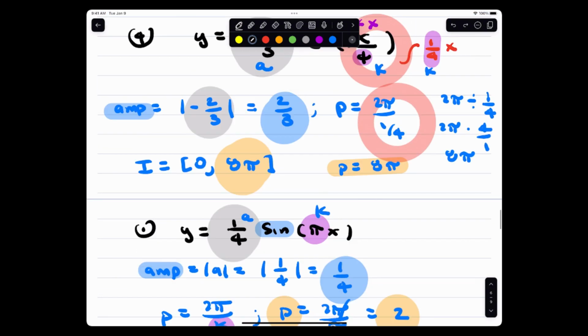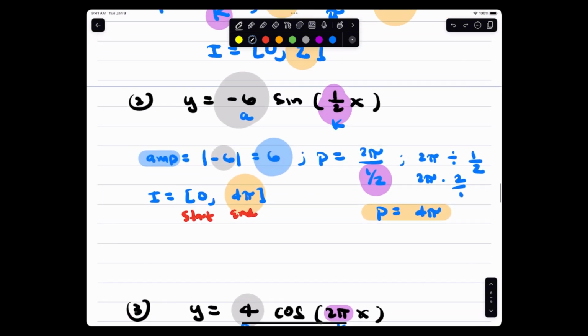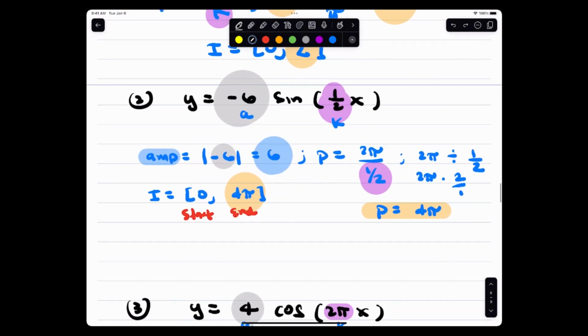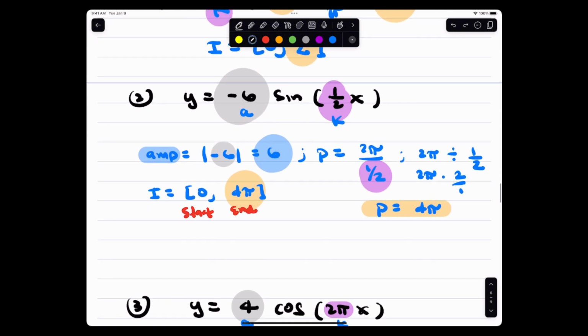I'm going to do this here for you guys. I'm going to take this question here, y equals 6. I'm going to look at this graph here. I'm going to look at this information because we already have this information.